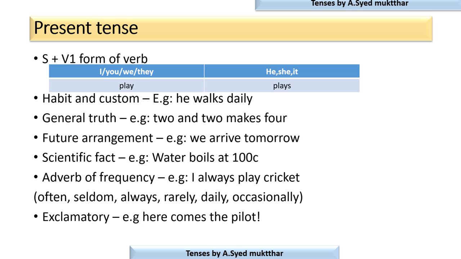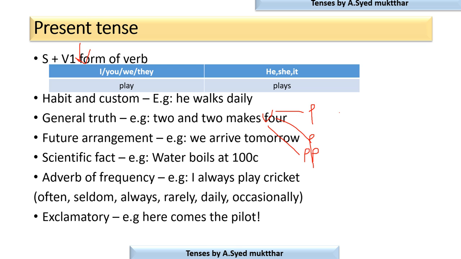The combination of this type is S plus V1 form of verb. Verb has three forms: present tense, past tense, and past participle.